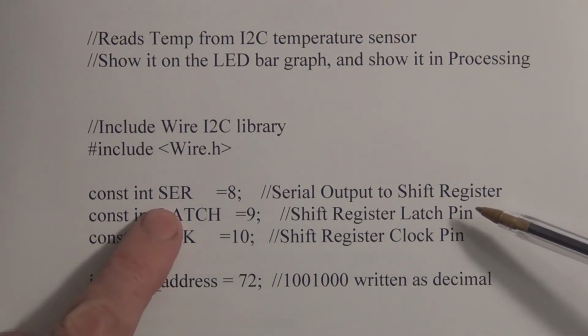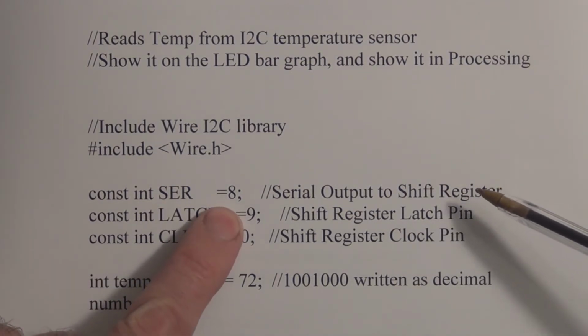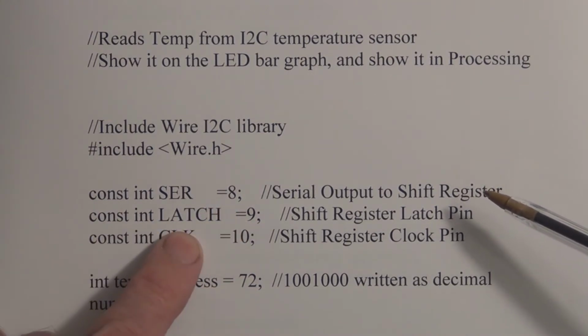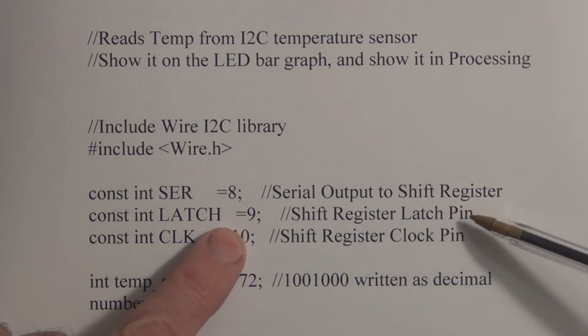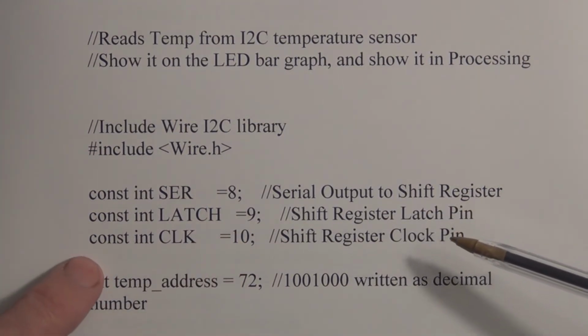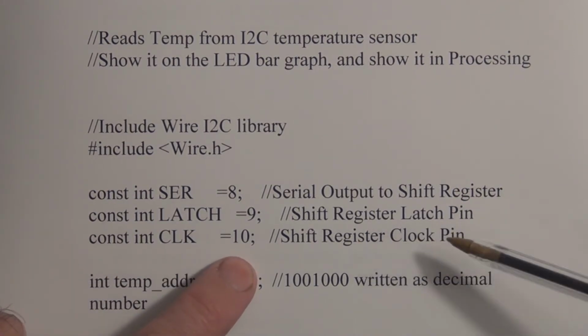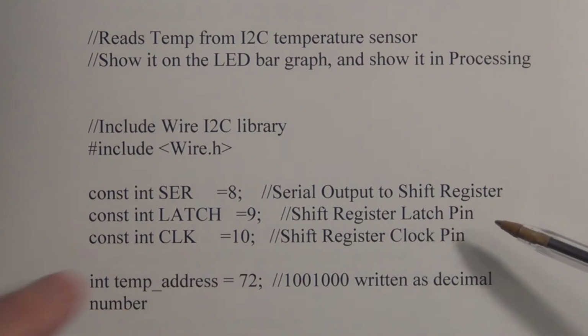We have SER for serial output to the shift register, and that's going to be pin 8 from the Arduino. Constant integer latch, pin 9, is the shift register latch pin. And constant integer clock, pin 10, is where we get the clock pulse to the shift register.